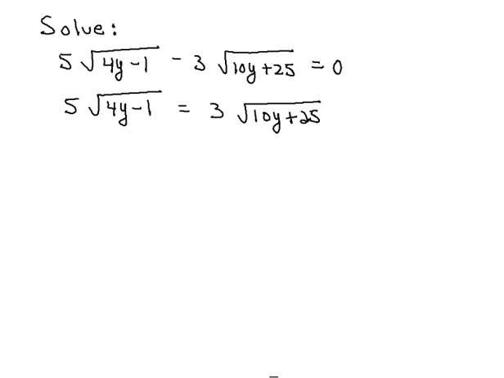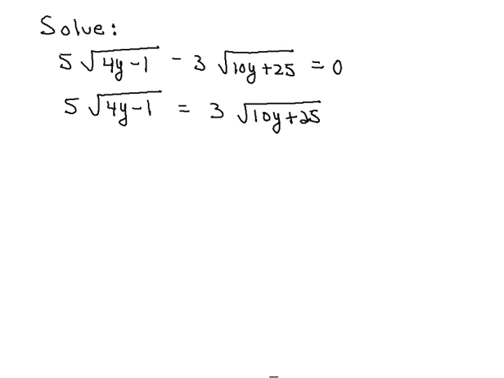Now if we wanted to completely isolate the square root on the left hand side, what we could do is divide both sides by 5, and you will see that approach when you look at the solutions to some of the U-triads that come after this. But I'm going to show you a little different way that you might like a bit better, or at least think of it as an alternative.